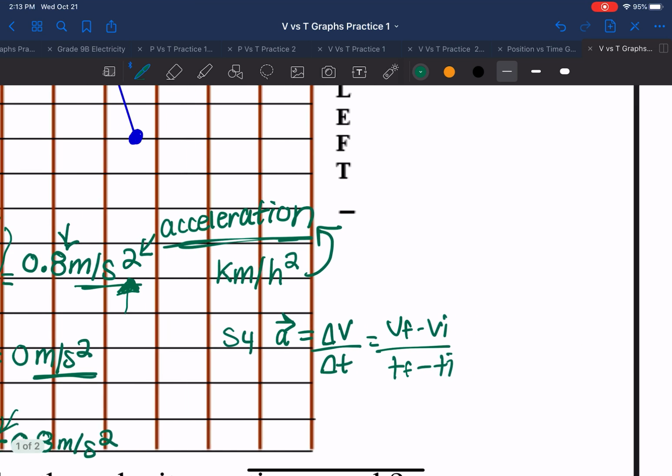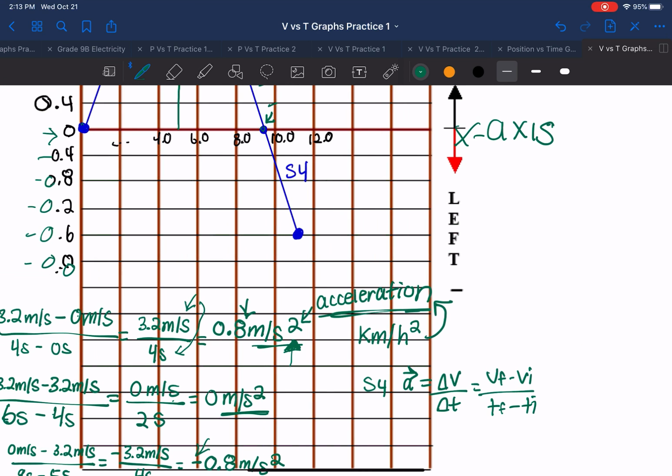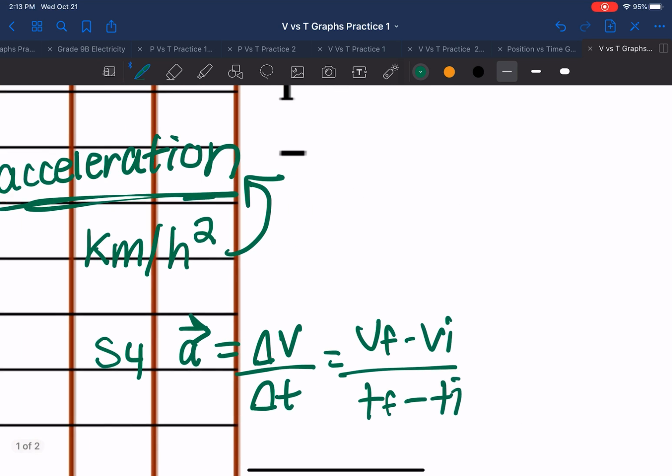You're going to plug in those values, and we're going to use the for sure values that are given and not going to guess at these intersections because, again, this line is coming from S3. It's a diagonal line, therefore it's constant acceleration, so we can use any points on the graph to solve for the slope. So we're going to use the most obvious points so it's easier for us. We're not guessing decimal places.